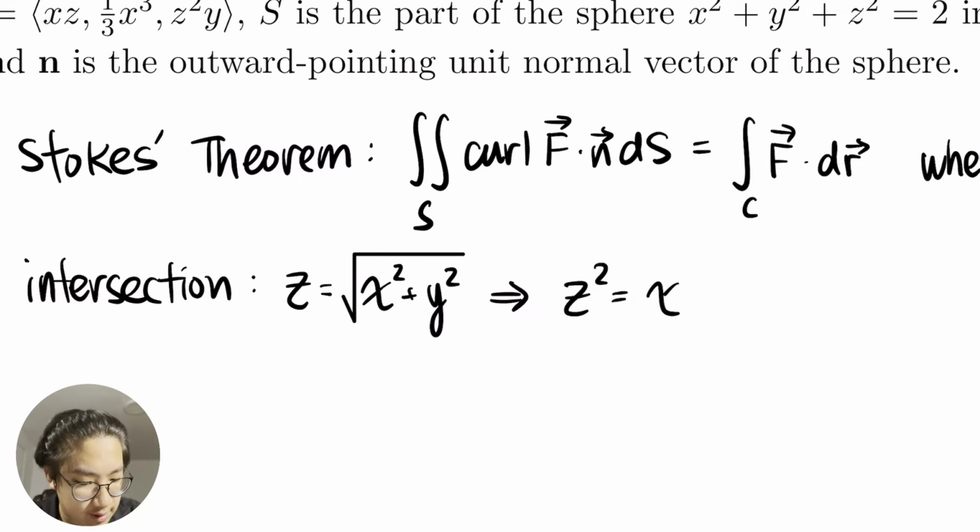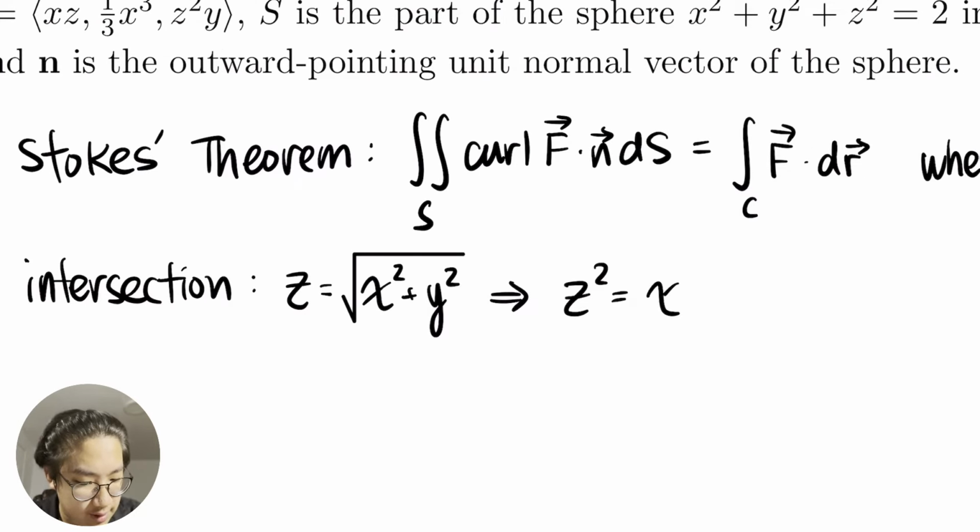So we already have z is equal to 1, meaning what we then have up here is simply a circle of radius 1.